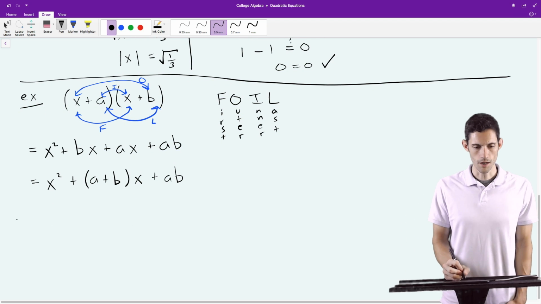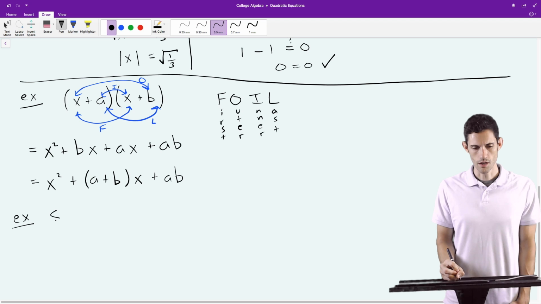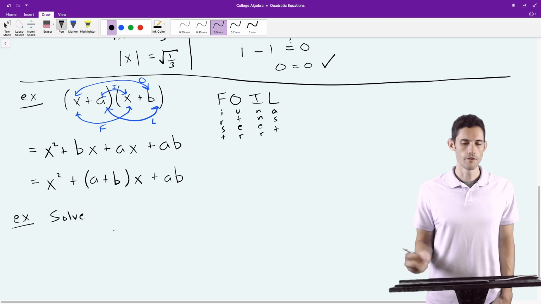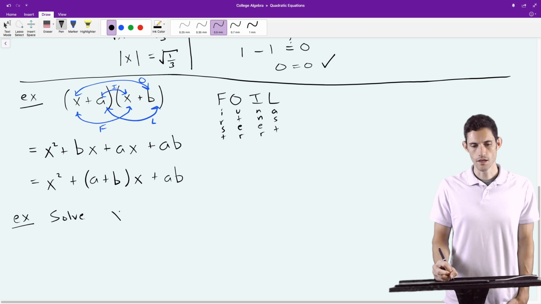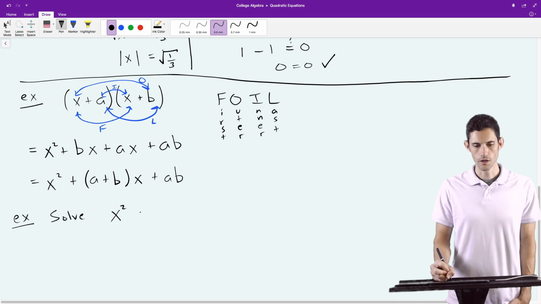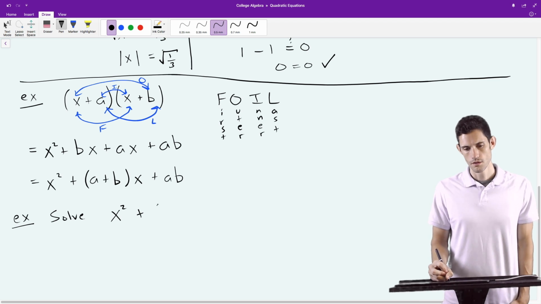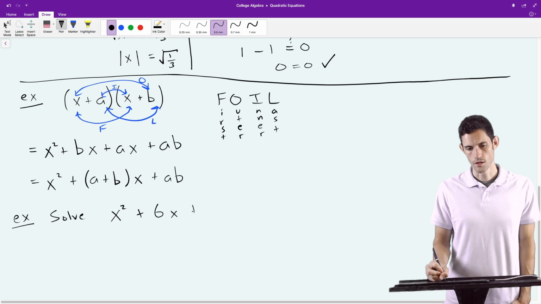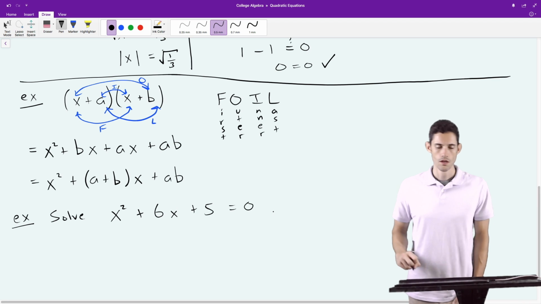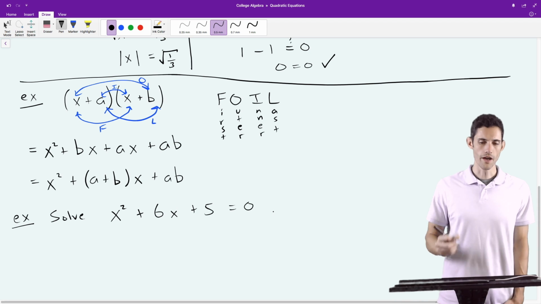So let's try that. Just going off this observation about how these things are multiplied together, let's try one. So I want to solve, let's say x squared plus 6x plus 5 equals 0. So what I'm going to do first is called factoring it.